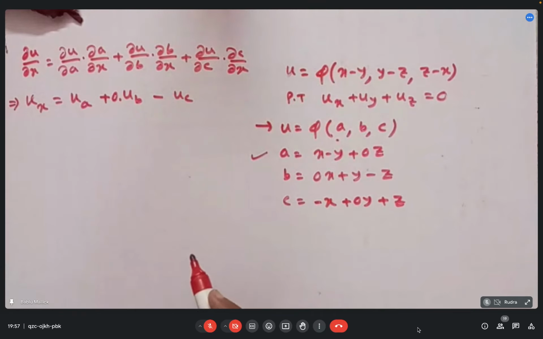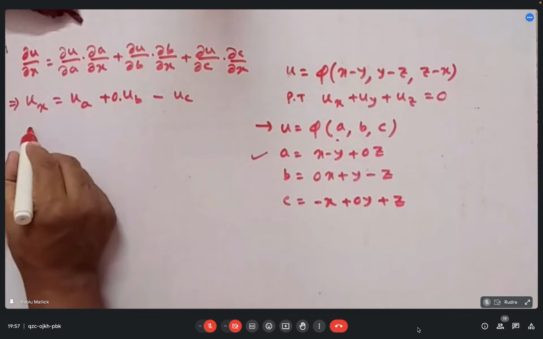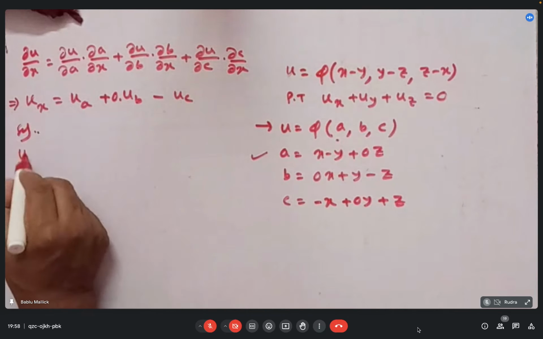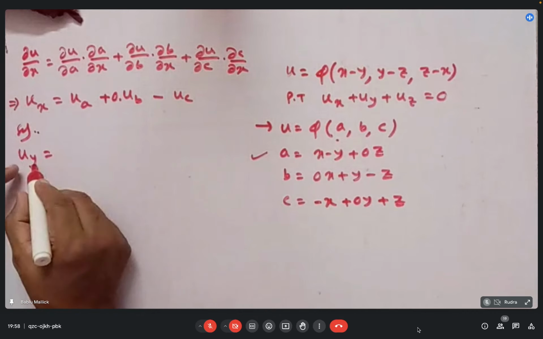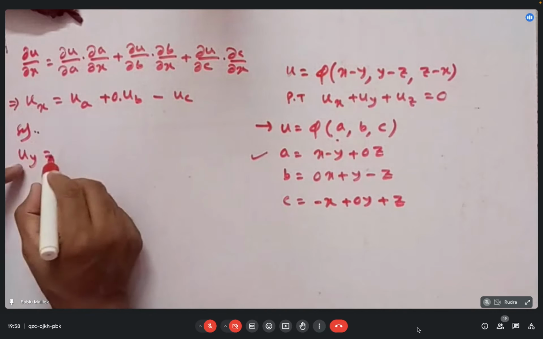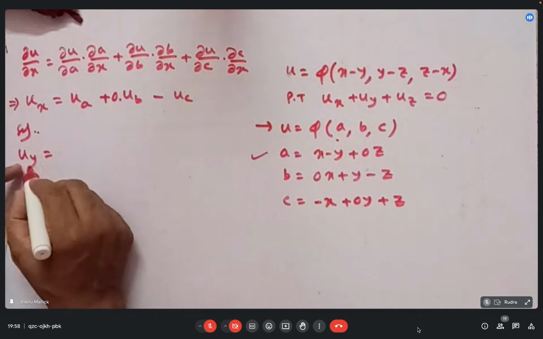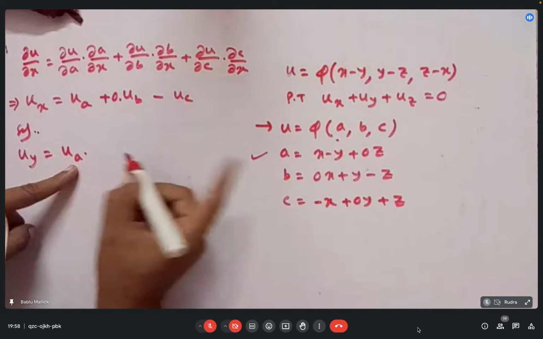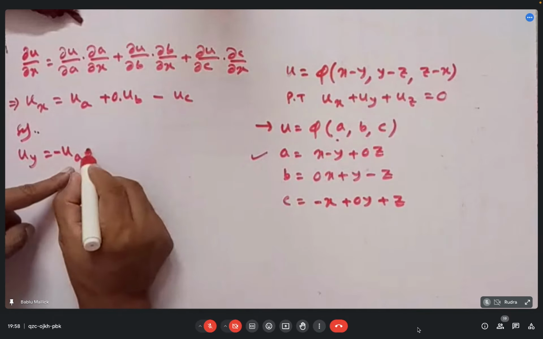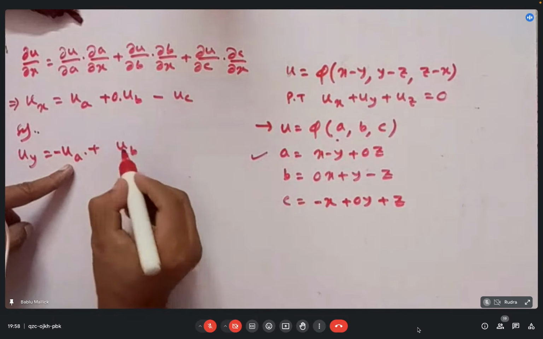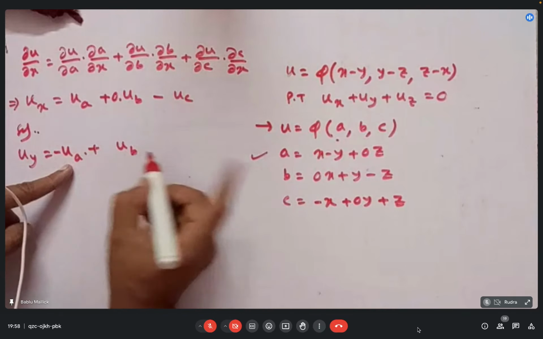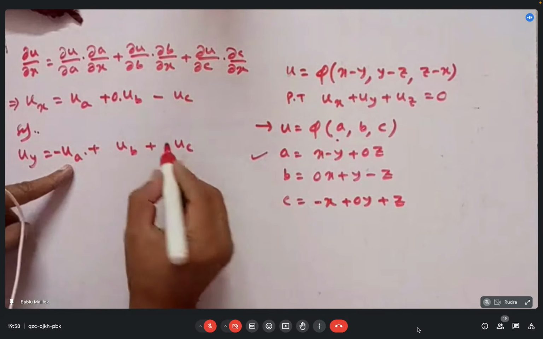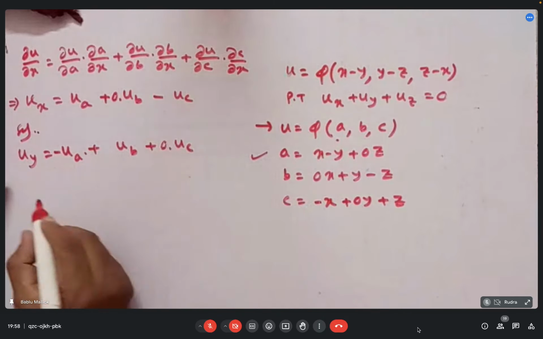Similarly, calculate del u del y. Uy will be del u del a into del a del y, which is minus 1, plus del u del b into del b del y, which is 1, plus del u del c into del c del y, which is 0.